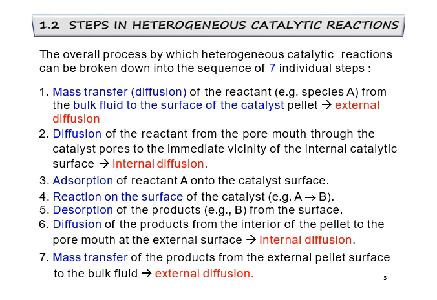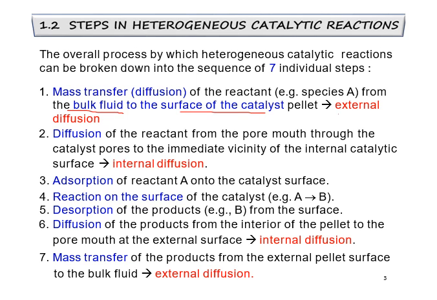when the reactants, whether in liquid or gas form, in the bulk fluid, go through the catalysis phase. So the first one, there will be a mass transfer diffusion of the reactant from the bulk of fluid to the surface of the catalyst pellet.